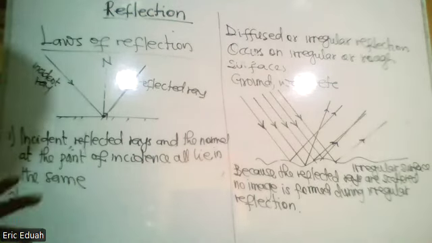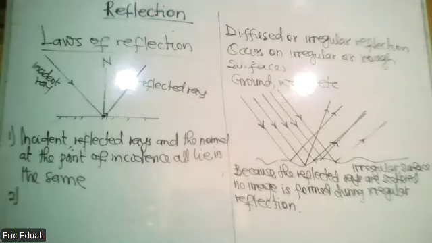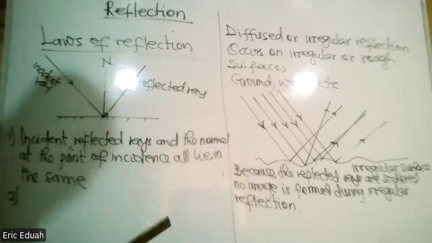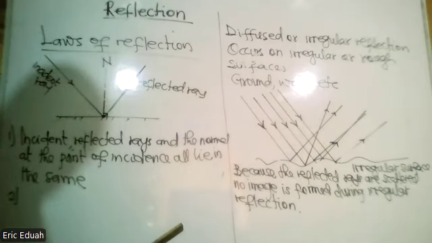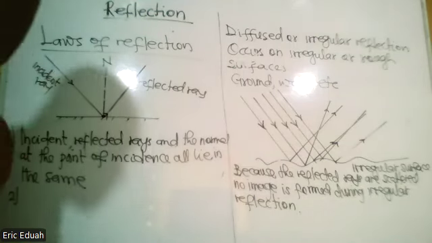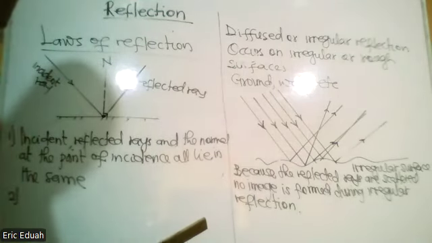Please, how do we measure the angle of incidence and the angle of reflection? How do we measure it? Hello, anybody?